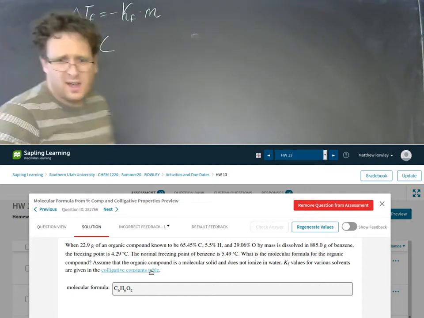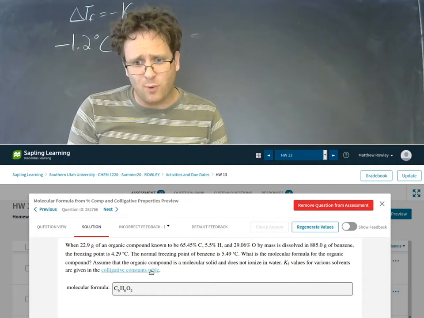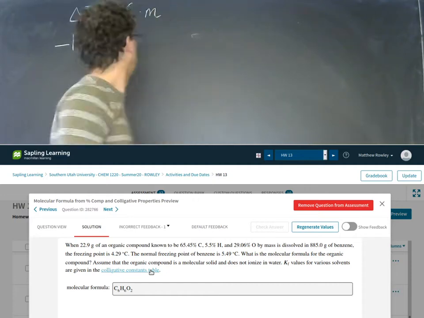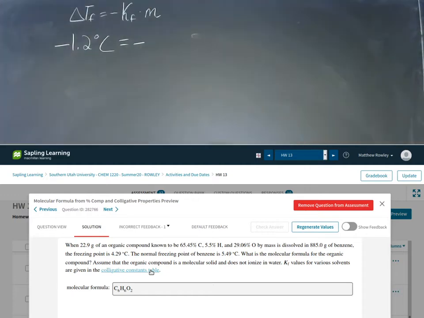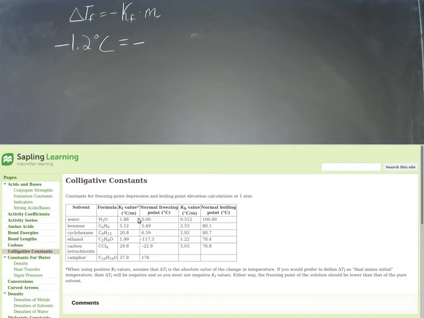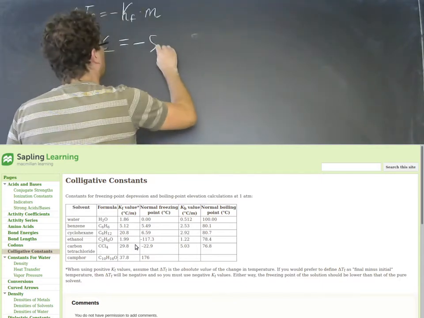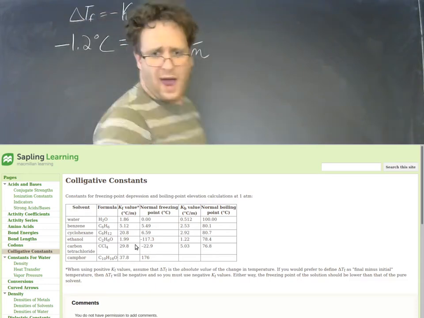Is that right? 5.49 minus 1.2 would be 4.29. So that's our delta Tf. That will be negative. What is the freezing point constant for benzene? Looks like 5.12 degrees Celsius per molal.